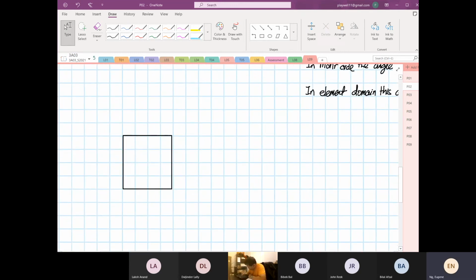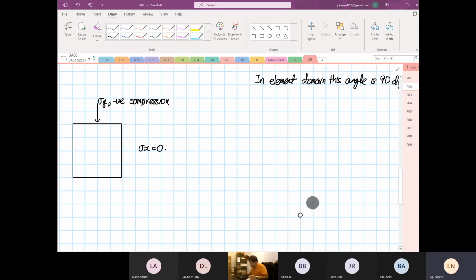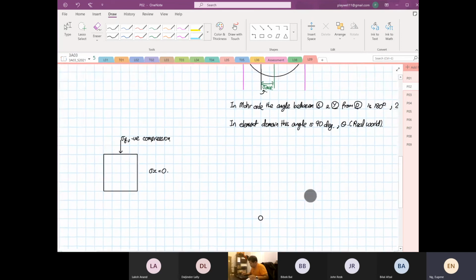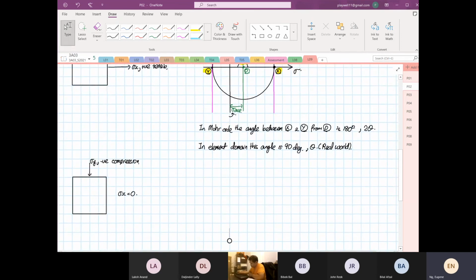This element only has a stress state like this. So what this means is stress X is negative, in compression mode. Stress Y, when you don't see an arrow, is equal to what? 0. When you don't see an arrow, it means it's a 0. Okay, don't make things up.